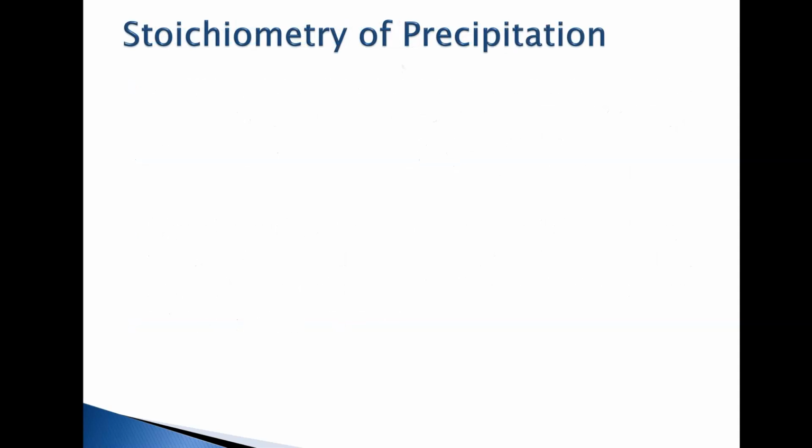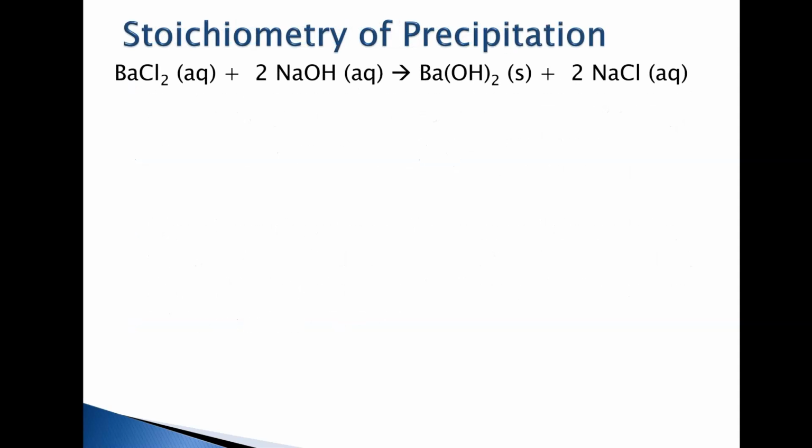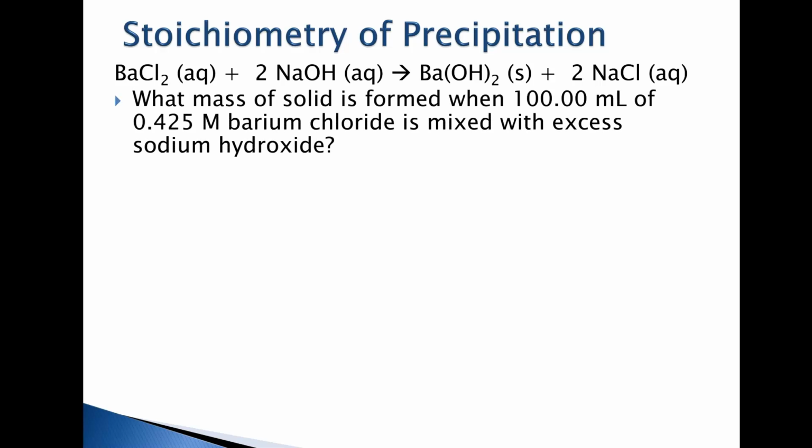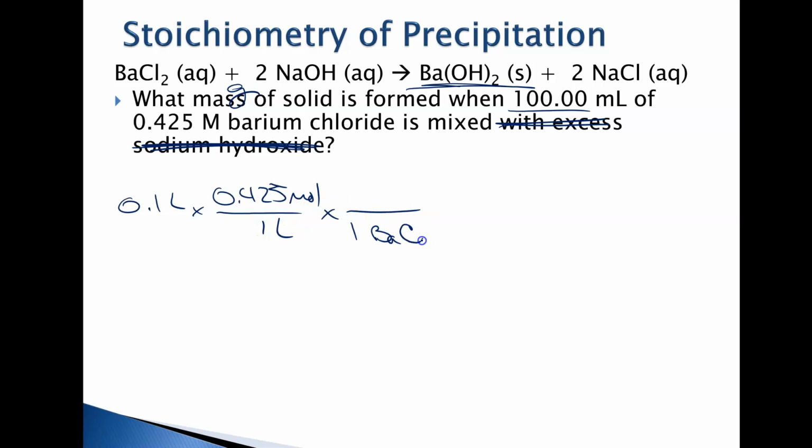So, sample problem. I give you a balanced equation, and I tell you what mass of solid, so we're looking for this stuff, that means grams, is mixed with excess. You guys remember the little trick about excess? Cross it off. So all you're going to do is take the liters, 0.1 liters, multiply by the molarity, do the mole ratio, 1 barium chloride to 1 barium hydroxide, and then you change from 1 mole into grams, which is 171.3.